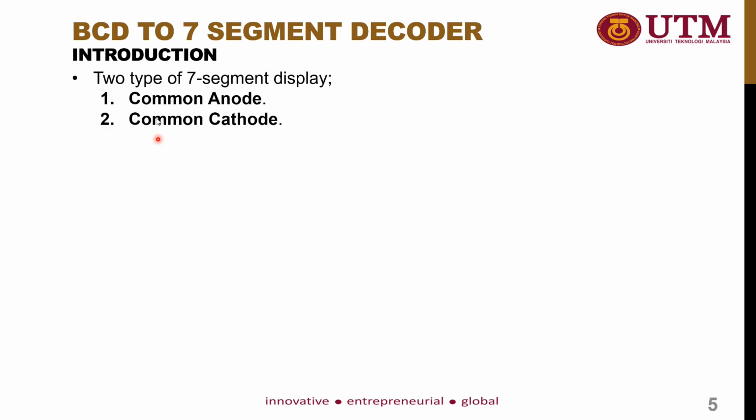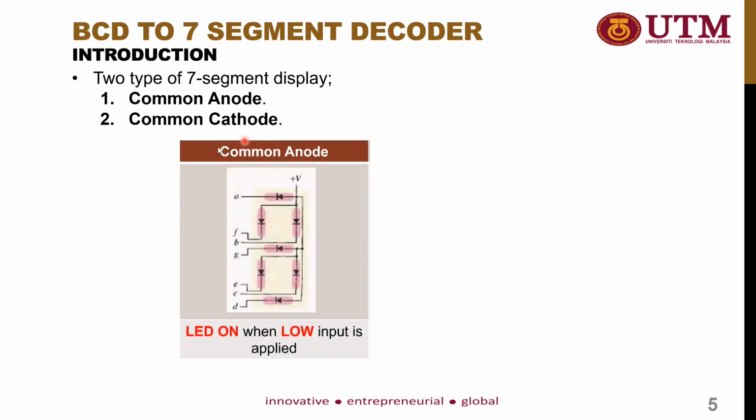In 7 segment displays, we have 2 types. The first type is common anode and the second type is common cathode. This is the common anode 7 segment display. For the common anode display, we already give the supply voltage to the common anode.